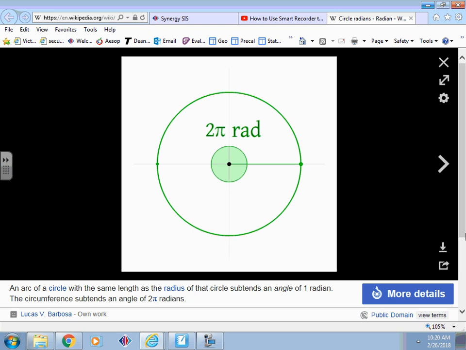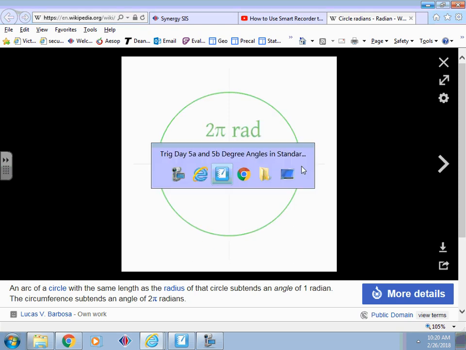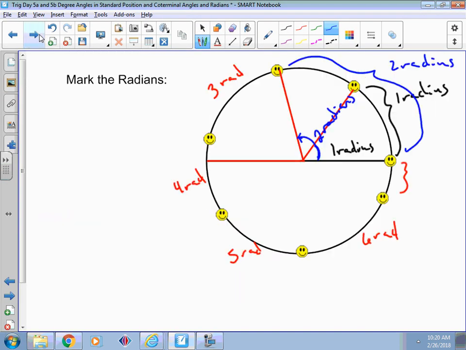So how much does it take to go all the way around the circle? It takes 2 pi radians, right? 1 pi for half a circle, so then 2 pi for a full circle. That should kind of make sense, right? So apparently right there, it took pi radians, 3.14-ish radians.